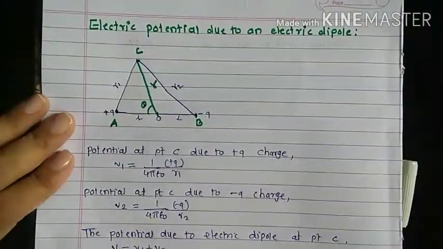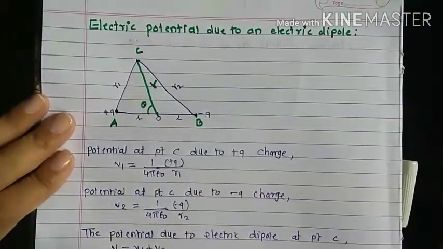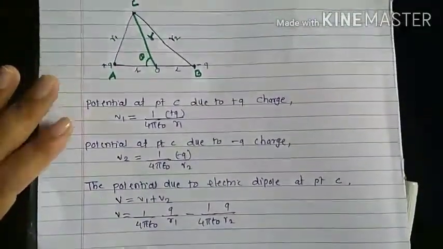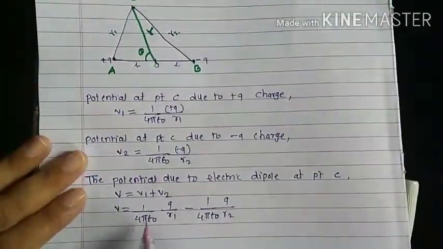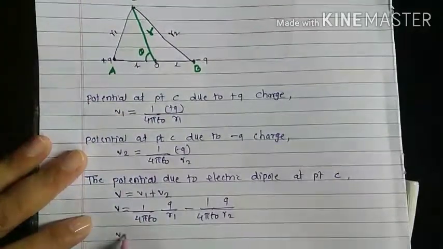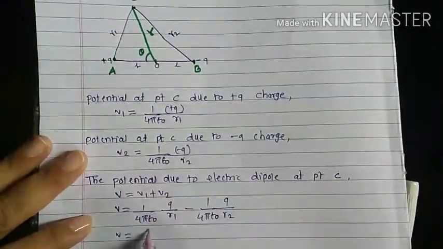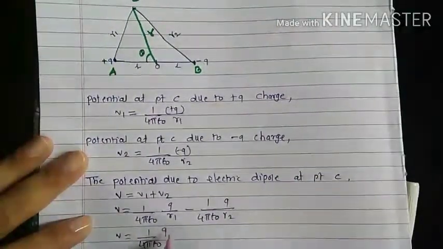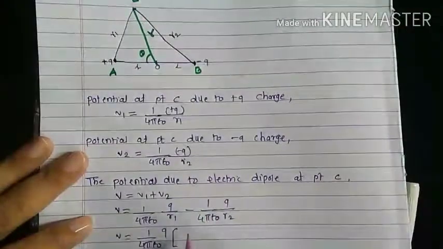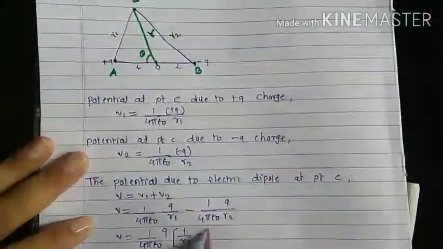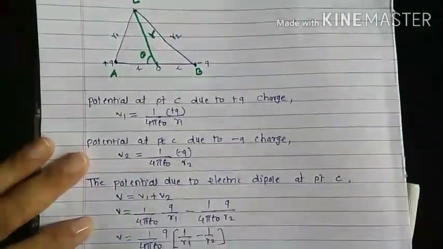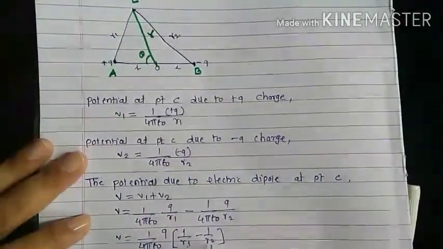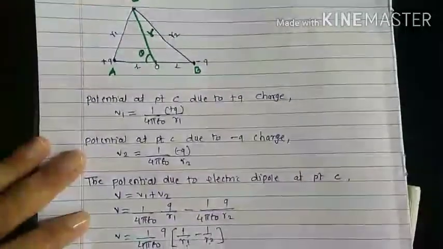Here are common terms, therefore V is equal to 1 upon 4 pi epsilon naught and Q, these are the common factors, times 1 upon R1 minus 1 upon R2. Now, we have to find R1 and R2.